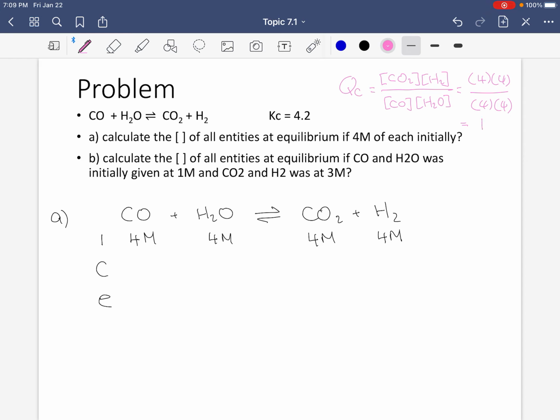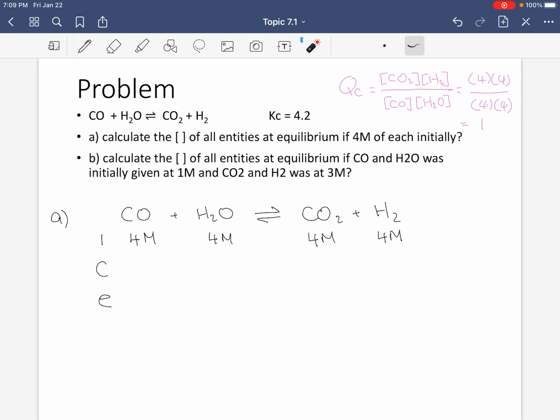If QC is equal to 1, it is definitely less than KC. That means you haven't got there yet. At this point, when they're all 4, 4, 4, 4, you have not reached equilibrium yet. You're still quite a long way to go. So what does that mean? That means the reaction is still proceeding forward.